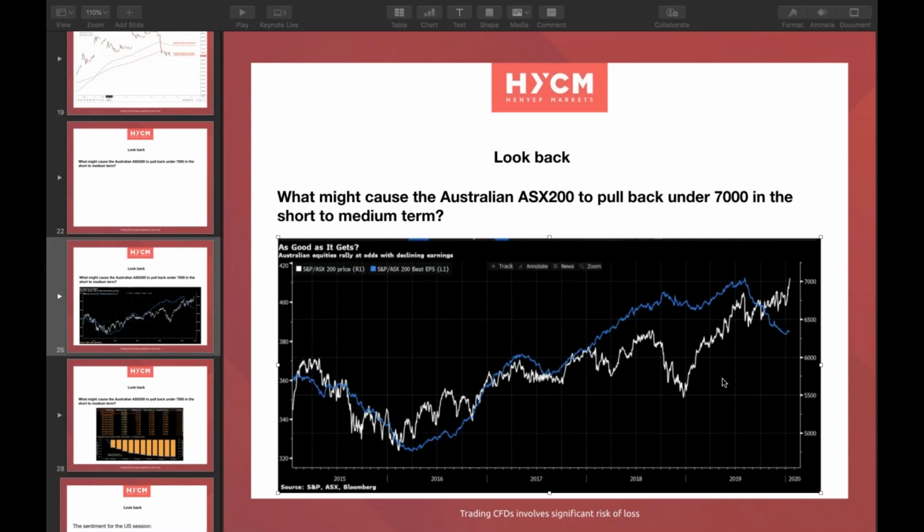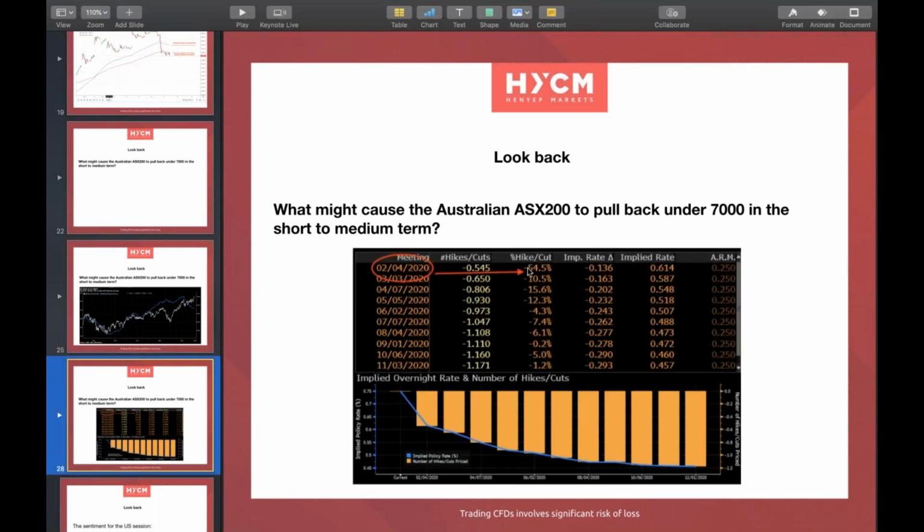The profit turnover cut back in the middle of last year. You can see that earnings are down from that point in time. Now, the Reserve Bank of Australia cut interest rates to 0.75%, and it's 50-50 now whether they'll cut interest rates again.